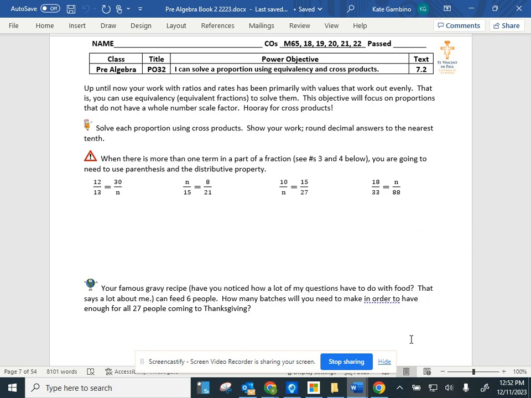So if we can't say, oh, I multiplied this side by 6, so I'm going to multiply the numerator by 6, I'm going to multiply the denominator by 6. It's not going to be easy whole numbers like that. So we're going to find some different ways that we can solve this. Hooray for cross products. We're going to solve each proportion using cross products. Show your work, round decimal answers to the nearest tenth.